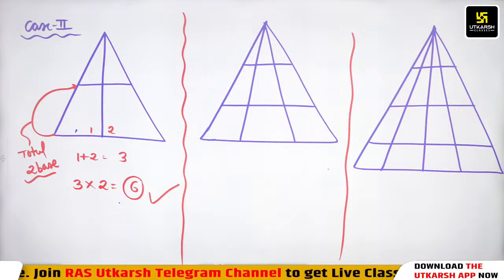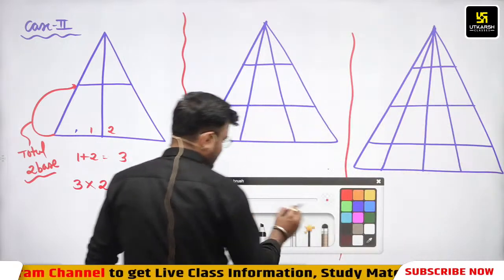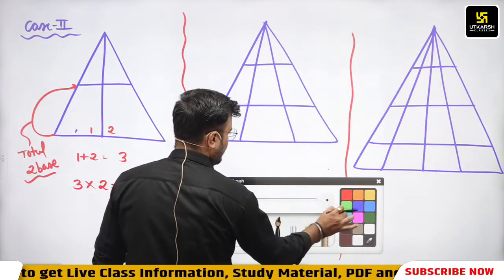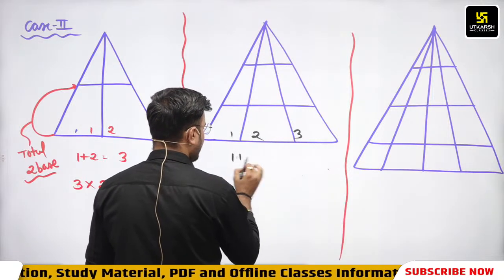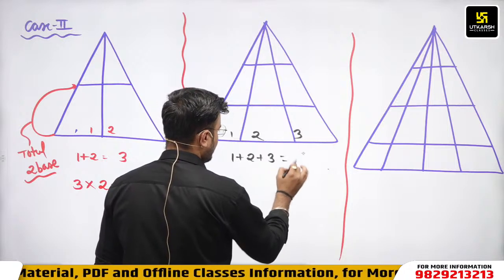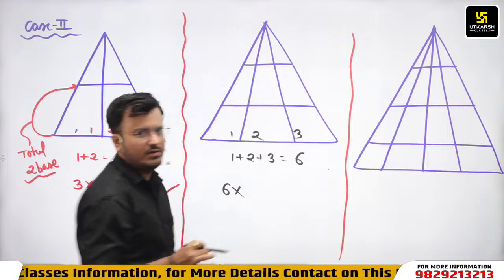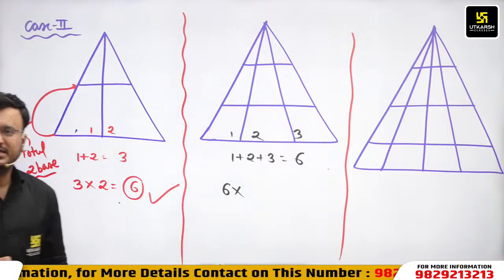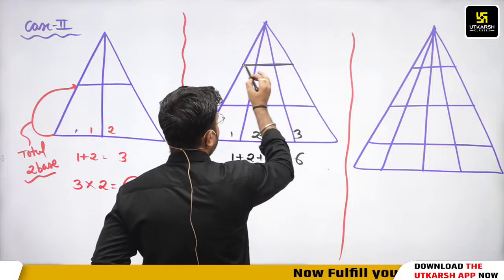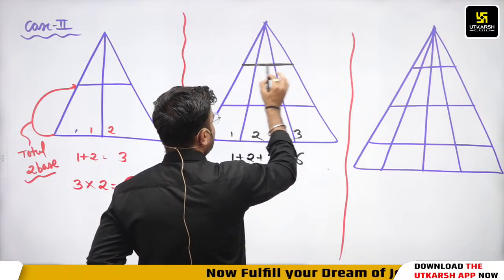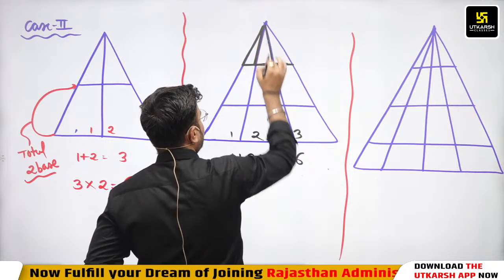Very good NK. So what we need to do is write the natural numbers on the base, 1, 2, 3, and add all these numbers, 1 plus 2 plus 3, which is 6. Now count how many bases there are, because each base introduces new triangles. For example, if I introduce this base, these types of triangles are formed.